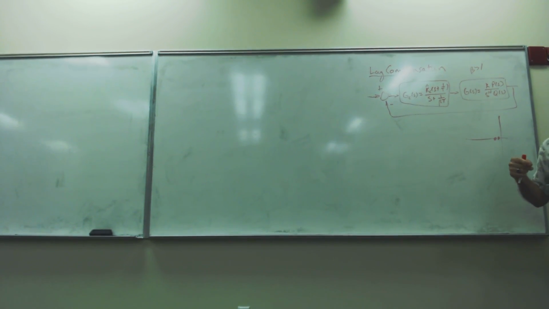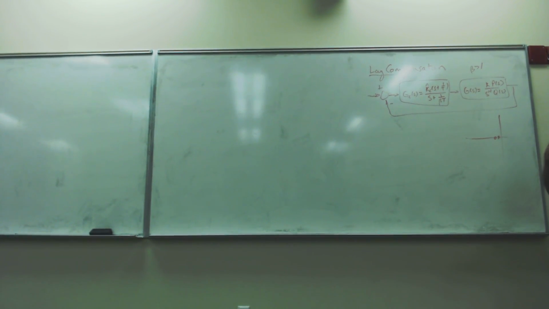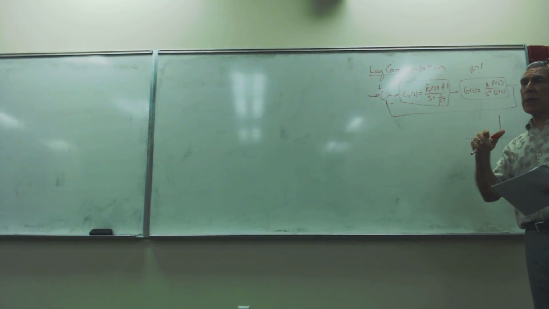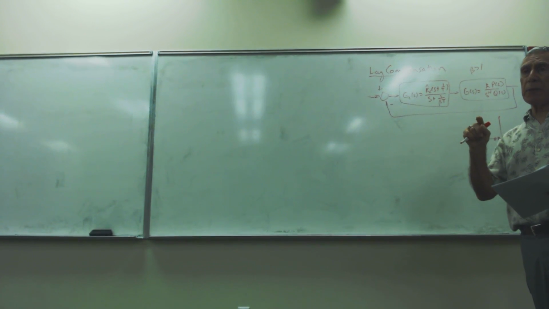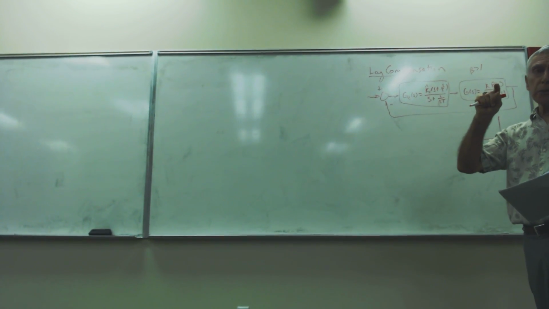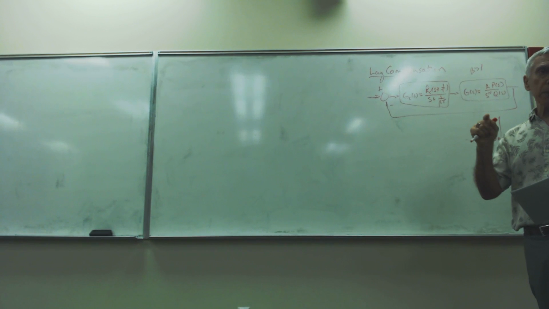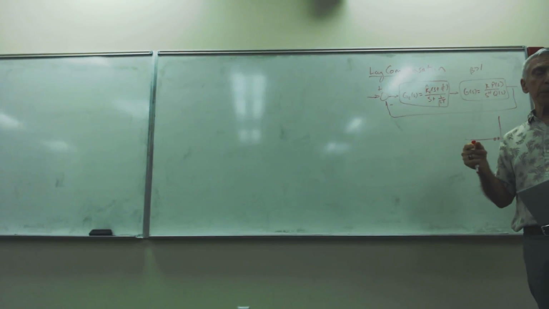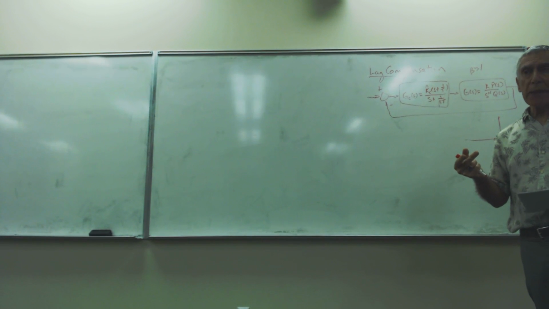That's the purpose of the lag compensator. In other words, in response to a step or a ramp type of input, you'd like to get a certain small error between the commanded input and the output response in the steady state.